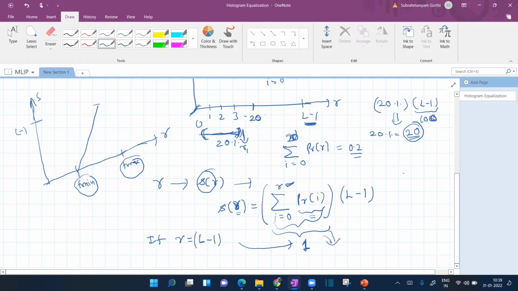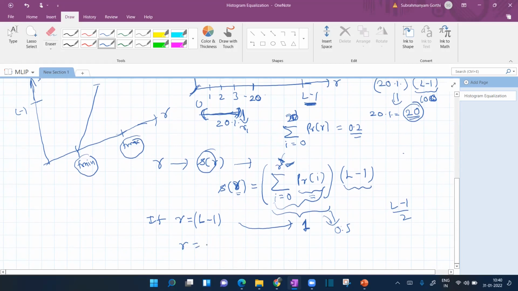Suppose for this particular value of R you reached 50%. So what will be this value? 0.5. That's right. So what is the new value that you are assigning to that particular value of R now? L minus 1 by 2, that is 255 by 2. Correct. This is what this function is doing.